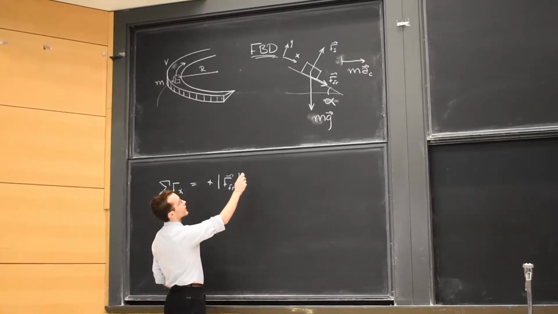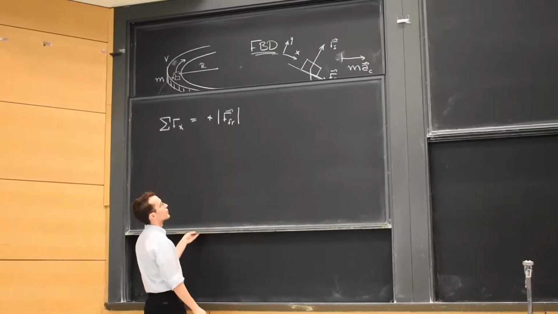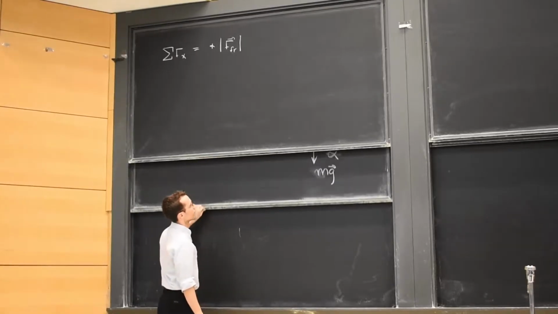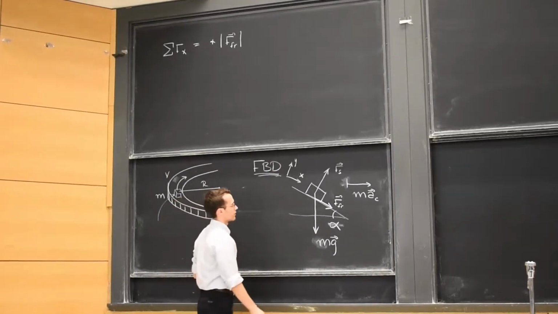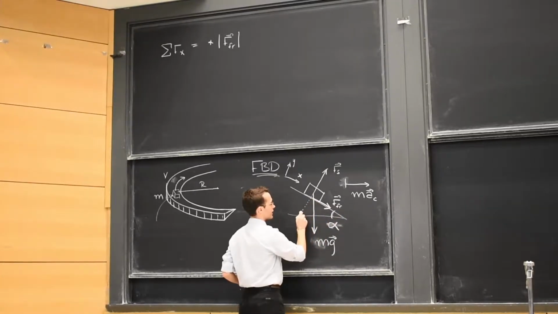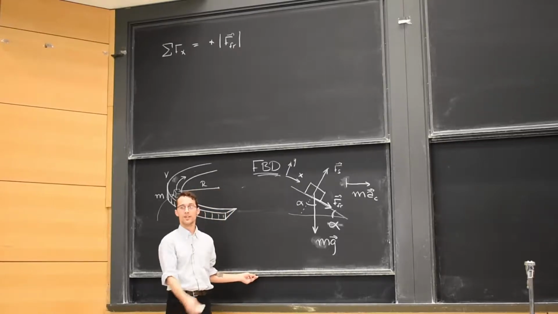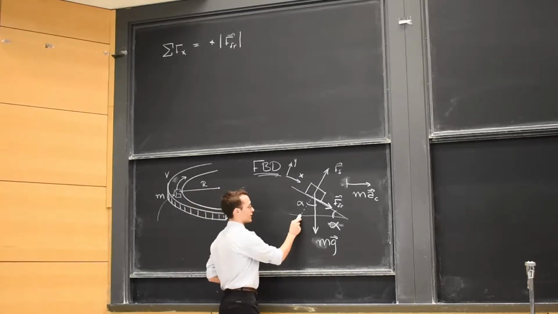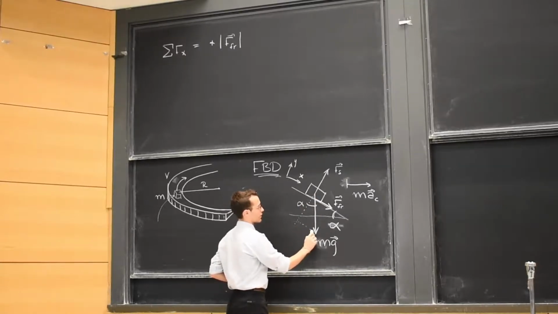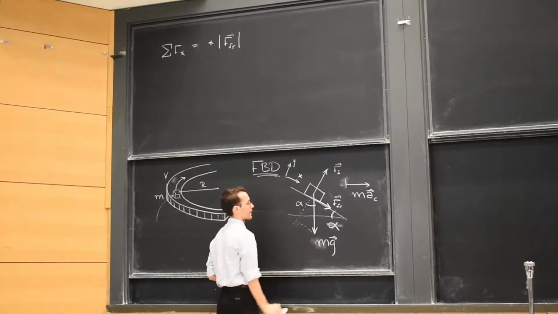Alright? And let me draw one thing. Just as reference, remember this alpha, or that angle, is that angle. The reason I wanted to draw that in is because now we can very easily see that the weight also has an x component, being here.